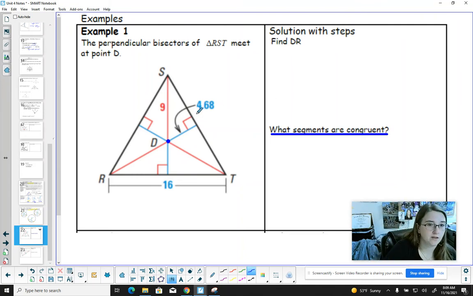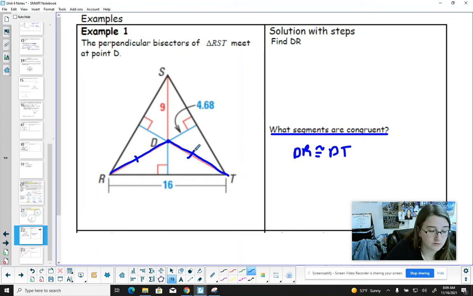So here is DR. DR is 1 distance from the circumcenter to the angle. DT is 1 distance from the circumcenter to the angle. And then what's the last one? DS. So all of those are the same magically.